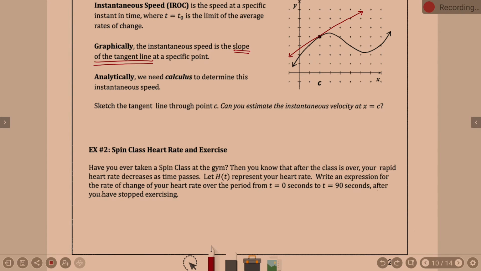Okay, slope of the tangent line. What do I do? Rise over run. We know one point this line goes through, so you'd best be using 2, 4. I don't know how yours turned out.